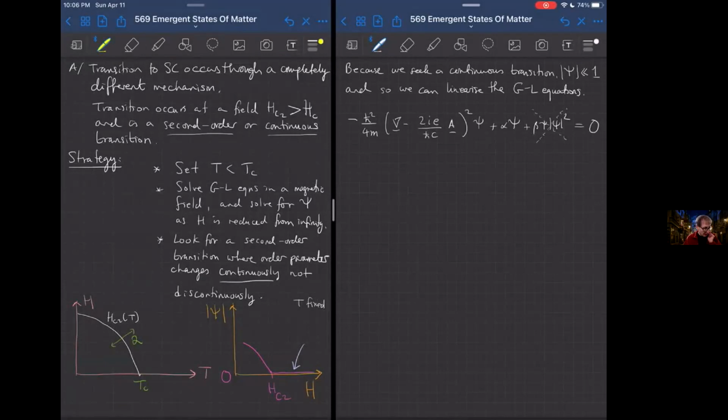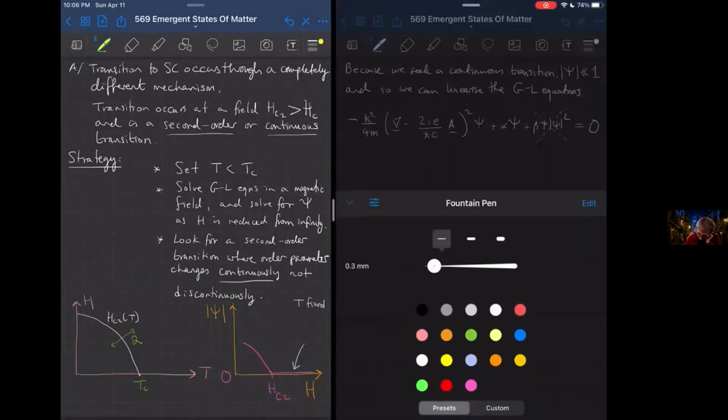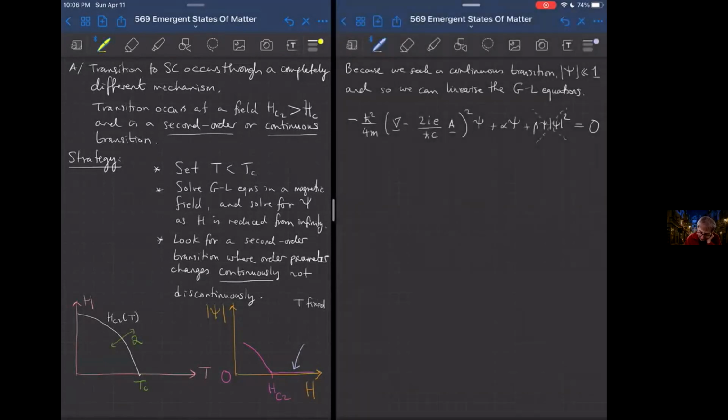Once that term goes away, we're left with a much simpler equation, and one that we perhaps might even recognize. So this gives us minus h bar squared over 2m star, grad minus i e star over h bar c, times A.